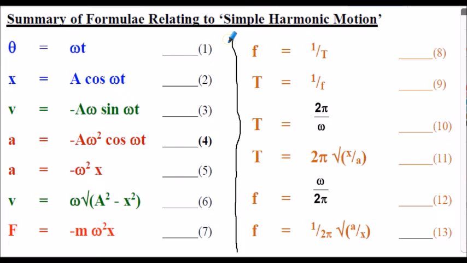So we've generated a raft of equations on the previous slides, and they're summarised here for reference. So these are all the formulae relating to simple harmonic motion, equations 1 through to equation 13 derived previously. A reference slide that we can use for later calculations considering problems that involve simple harmonic motion.